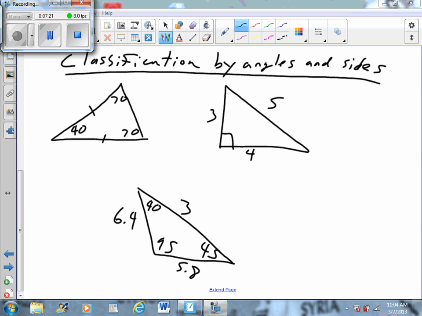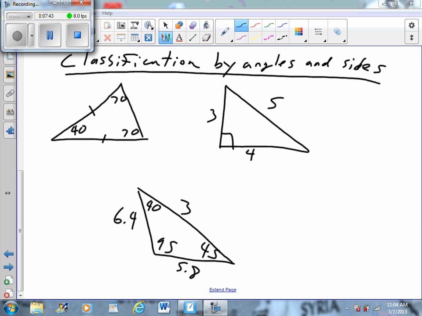Okay, now in these three triangles that I drew up here on the board, what I want you to do here with me, let's classify these triangles by their angle measures and by their sides, okay? So when I look at this first triangle right here, it has two angles that measure 70 degrees.